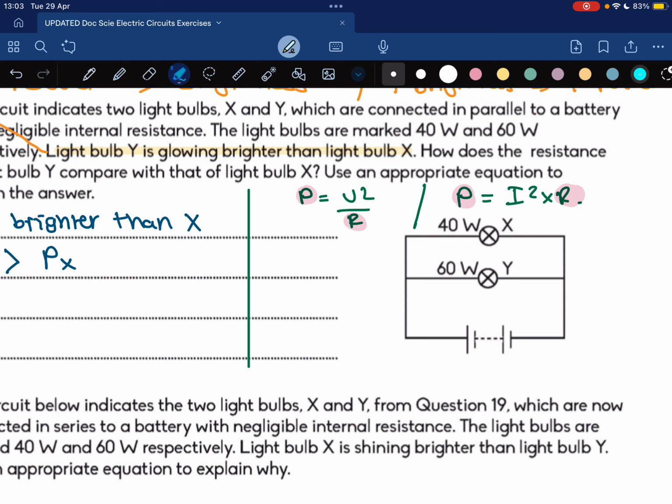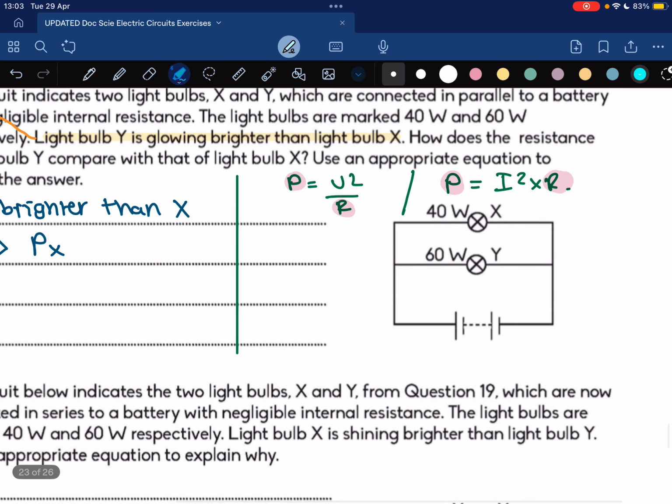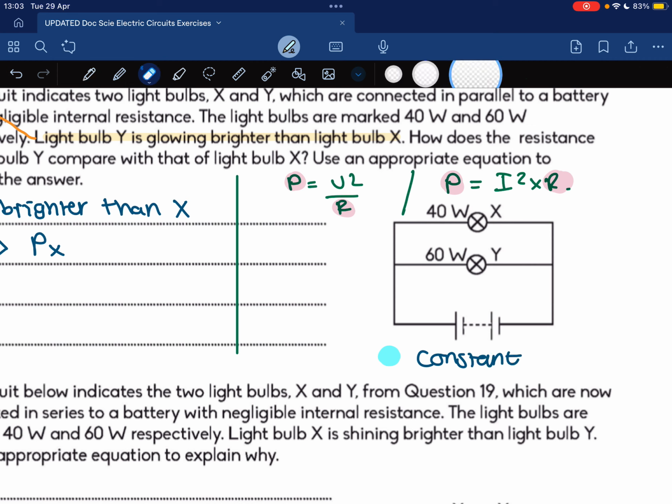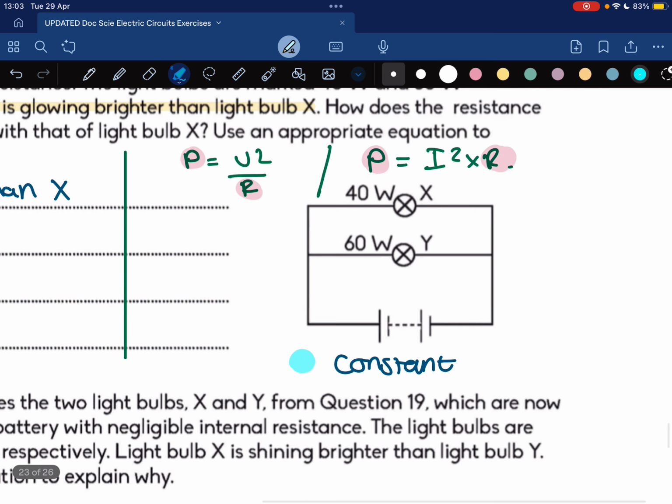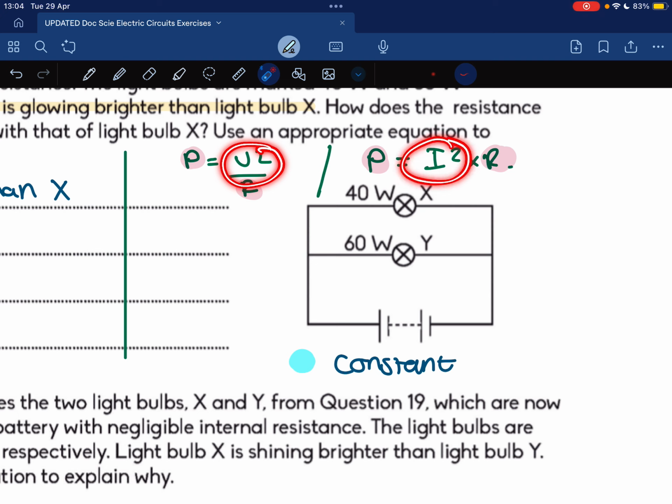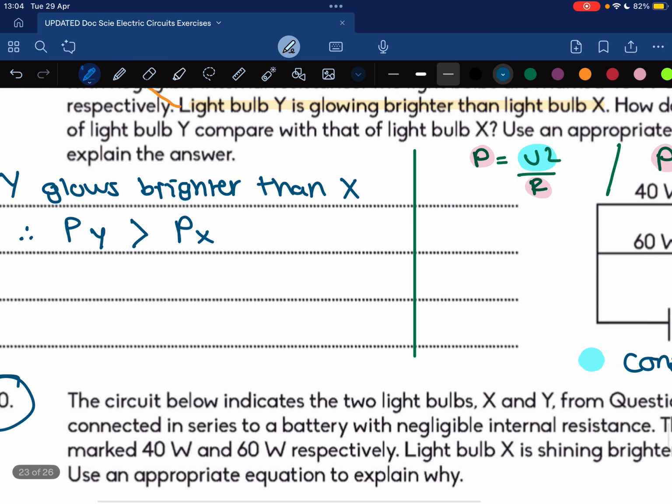I cannot compare these unless something is constant. So, something must be constant in order for me to use the equation to compare, like we were doing with Ohm's law earlier. So, if I look at the parallel circuit, which one is constant? Is it the voltage or is it the current? Well, I know that in parallel, the voltage stays the same, but the current splits. And because the watts are different, I know the current cannot be the same. So the voltage is the thing that stays constant.